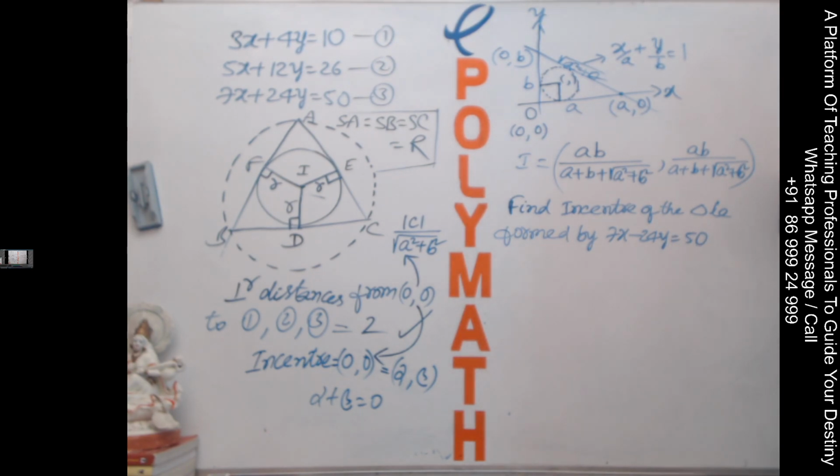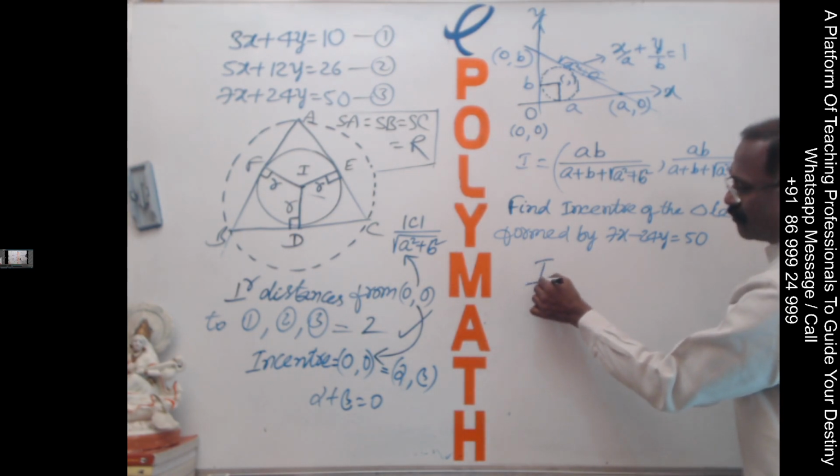This is the question. What is the line I have taken? Not 7x plus 24y. I have taken 7x minus 24y. The reason you'll understand. Now, what is the in center for this?